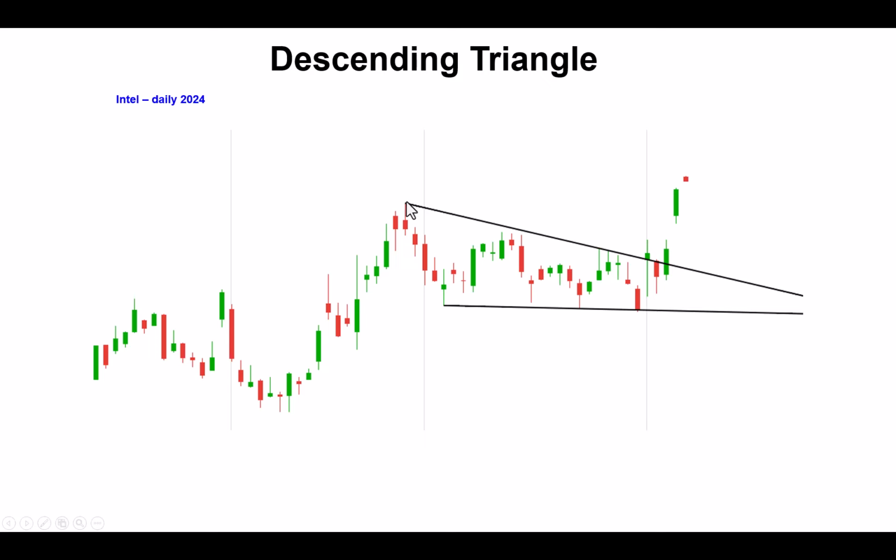You can calculate the distance from the peak over here down to the bottom, and then you can add it to the breakout price, and then you actually have a potential target. However, again, the stop price is the most important one. That is where you see the lowest price, where it turned around. So it's just around this horizontal line here. That would be your stop, and you ride the trend higher.